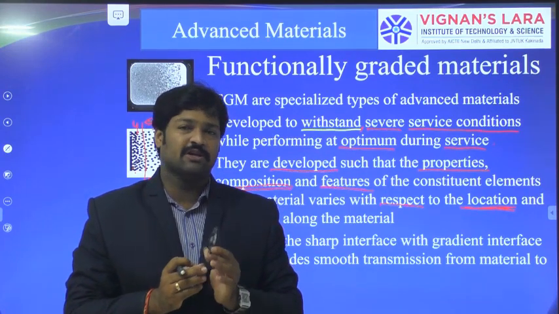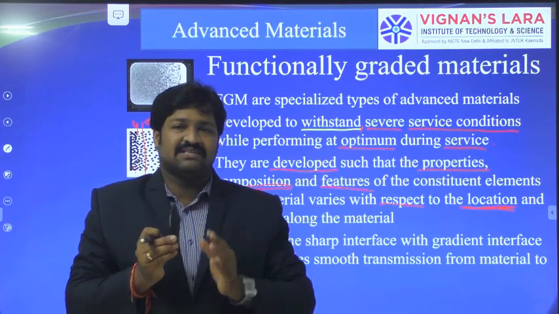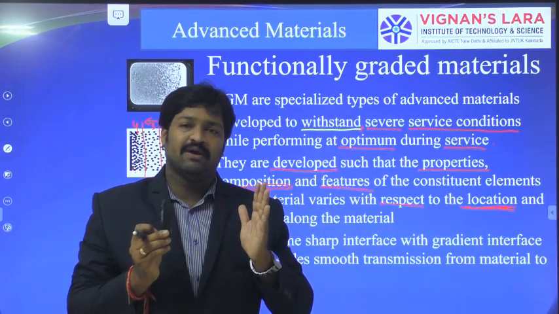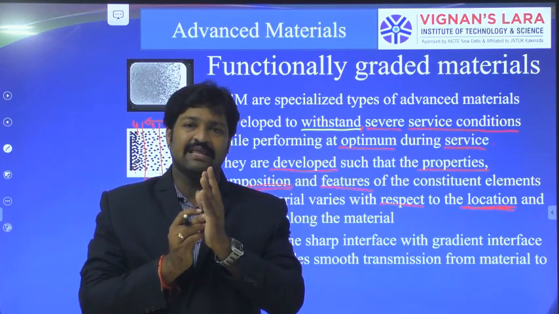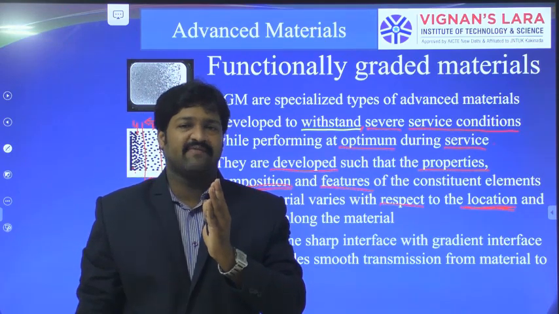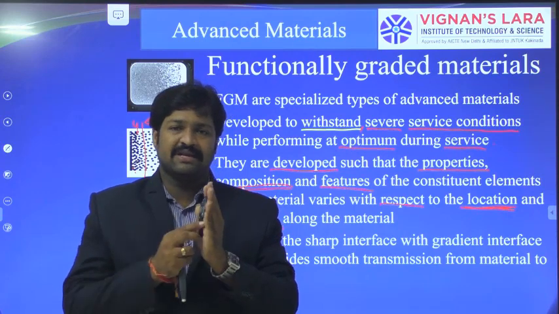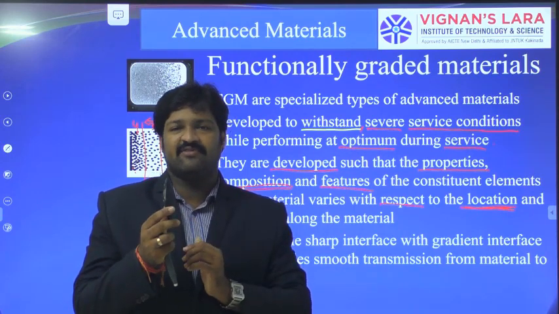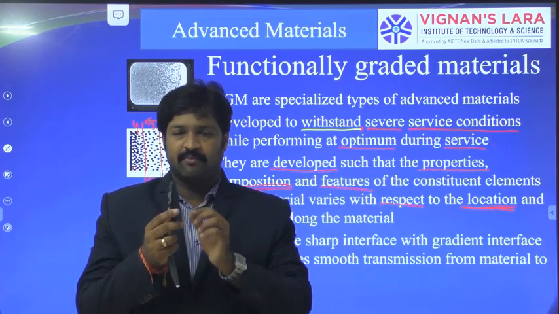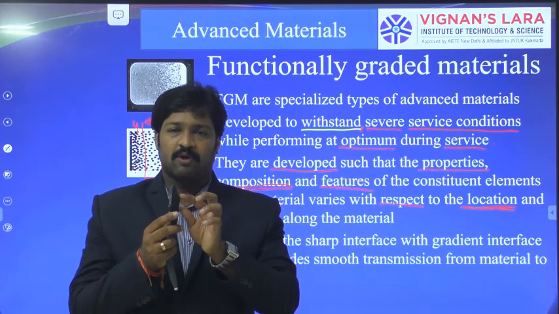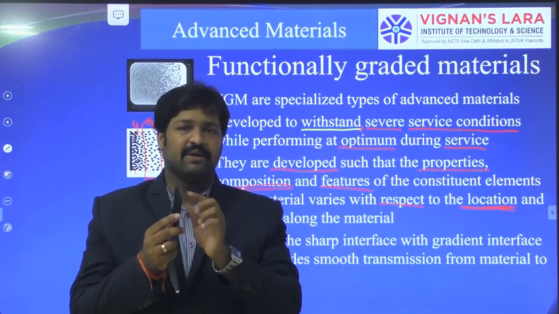Here the monolithic materials, the wood as well as the sunglass, cannot perform for a long time. If these two are mixed together, then the performance and the durability of the component will be high. Why? Because bare wood cannot withstand for a long time. If it is exposed to moisture, the material will swell, so the strength of the material will be reduced.